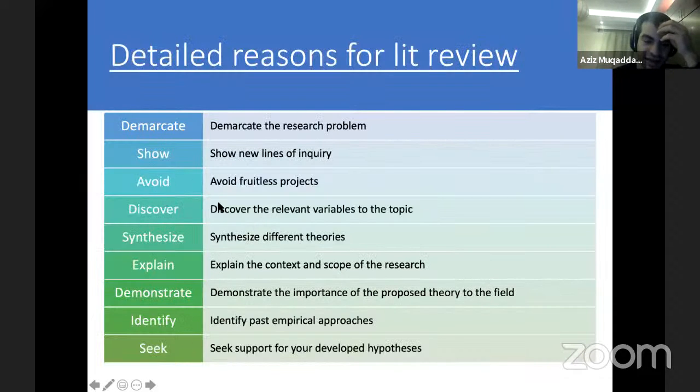So this is a long, detailed summary. I won't go into this one by one, because we have already discussed most of them. But in the literature review, we explain what the research problem is. You show new lines of inquiry, or the most up to date. And one reason that it is important to do a literature review is that you avoid fruitless projects.